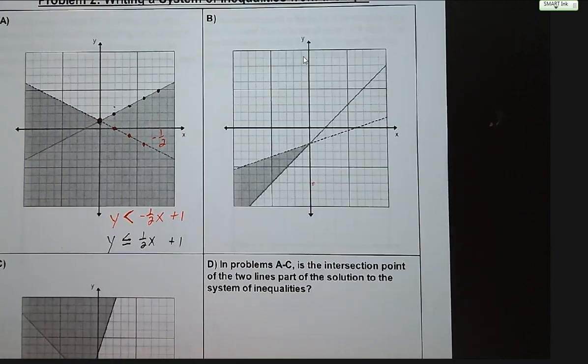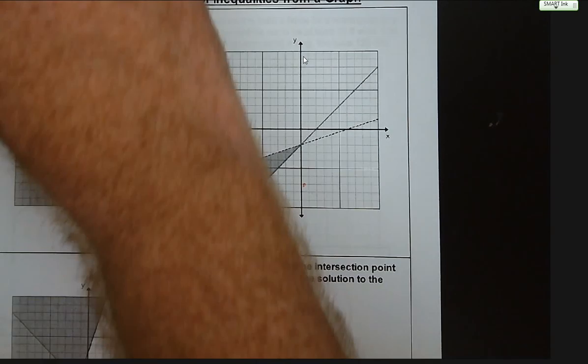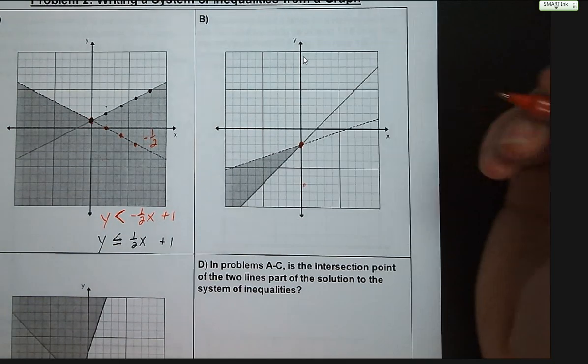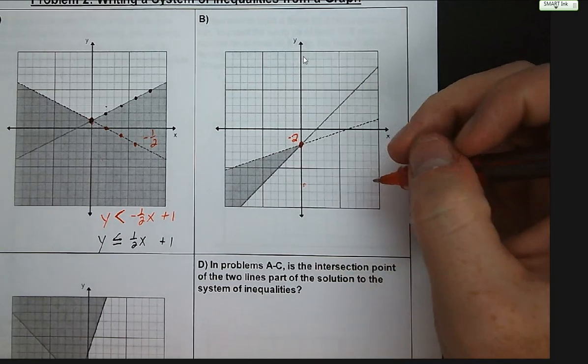So letter B, instead of showing all of our regions that are shaded, we're only showing the overlapping region. We're going to do the same process. We start by identifying our y-intercept. Here we have a y-intercept at -2. And let's figure out what our slope is.